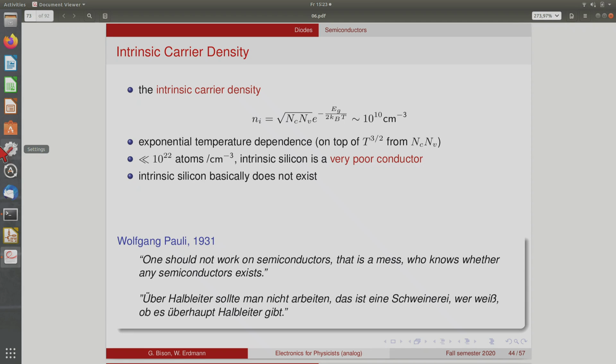So there's this nice quote from Wolfgang Pauli that one shouldn't really work on semiconductors because it's such a mess and nobody knows whether semiconductors really exist. That is the frustration from the time when people tried to understand and make experiments with semiconductors, and they never got good results because the behavior of these materials is really driven by contaminations.